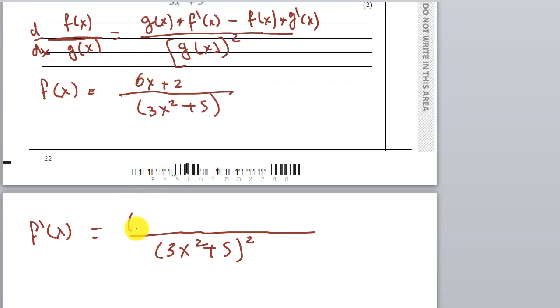Now g of x, which is 3x squared plus 5, multiplied by f dash of x, which is this one, 6, minus f of x, which is the top here, 6x plus 2, multiplied by the differentiation of this one, 2 multiplied by 3 multiplied by x. This is the differentiation of this one.